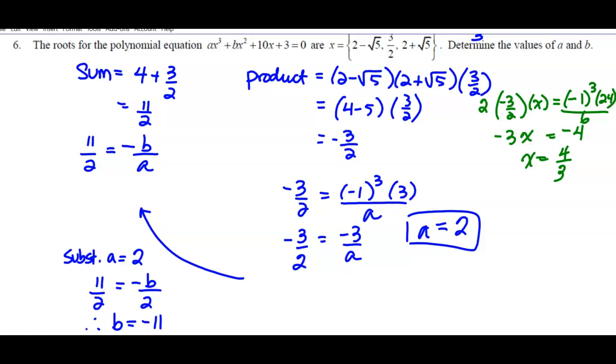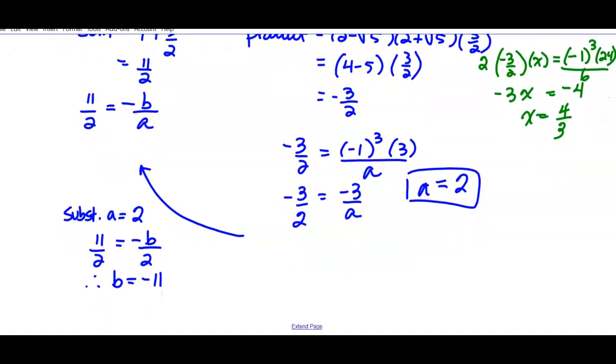So B would be negative 11. Okay, and in this case, I'm just going to rewrite them together. A equals 2, B equals negative 11. Make it obvious.